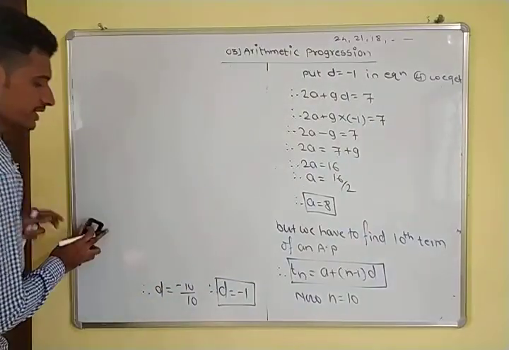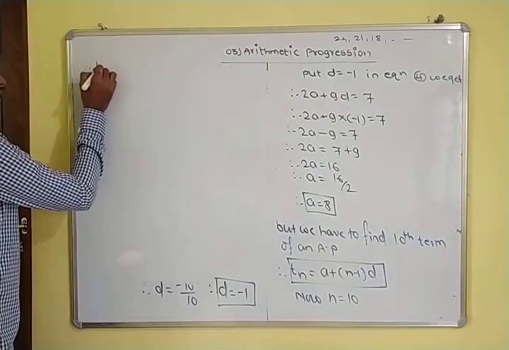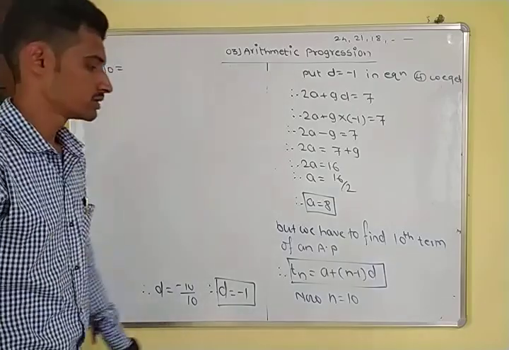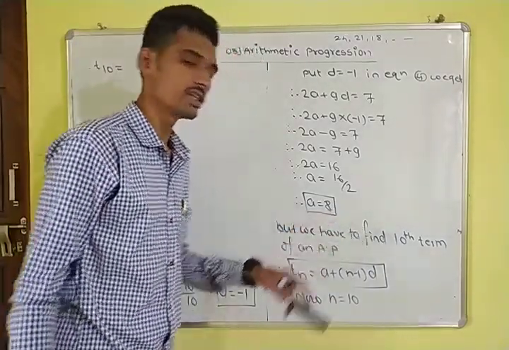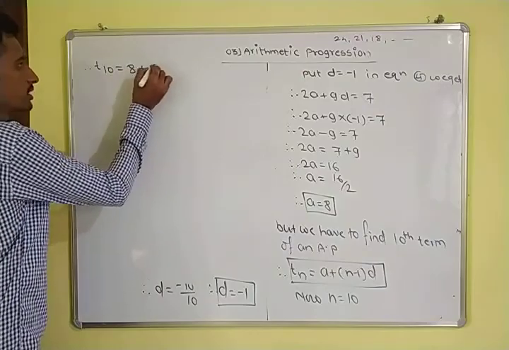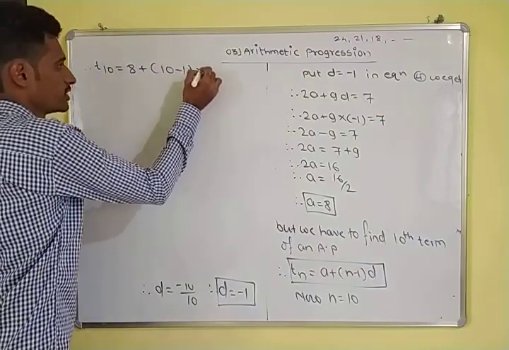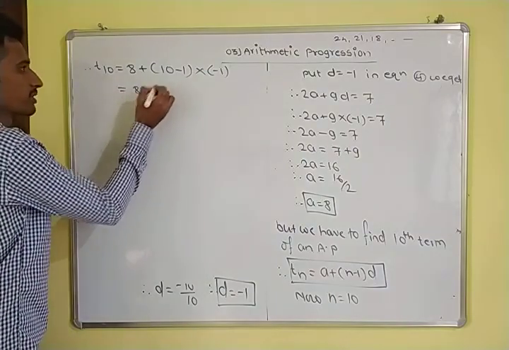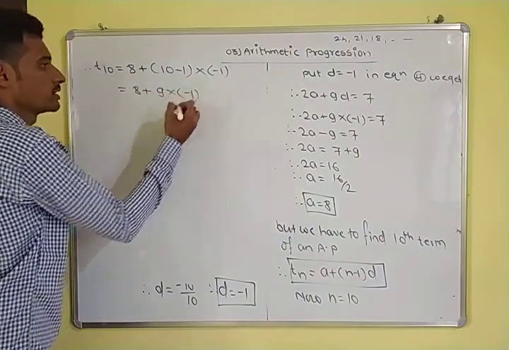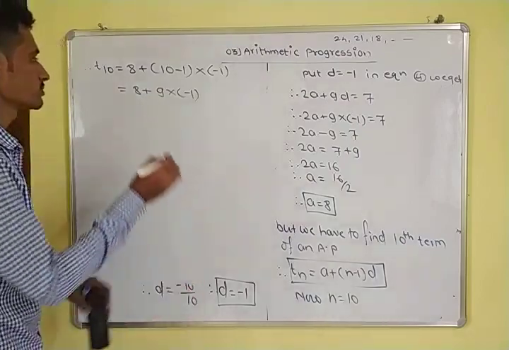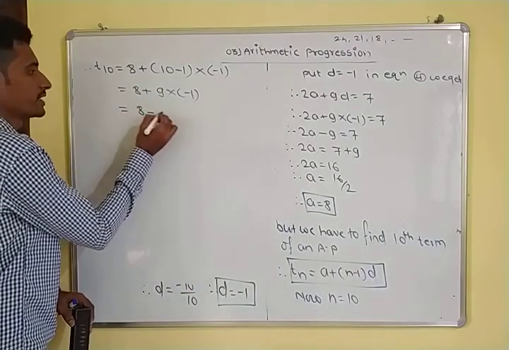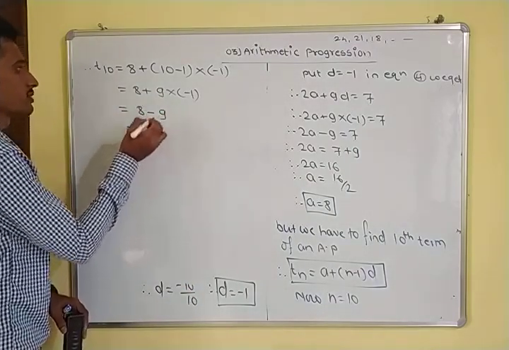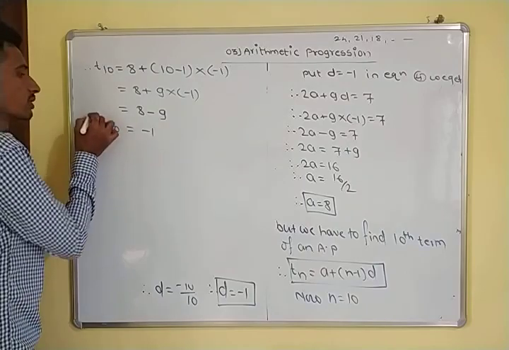So t10 is equal to the first term 8 plus n means 10 minus 1 into d means minus 1, which is equal to 8 plus 9 into minus 1. 9 into minus 1 is minus 9, and 8 minus 9 means minus 1, that is t10 is equal to minus 1.